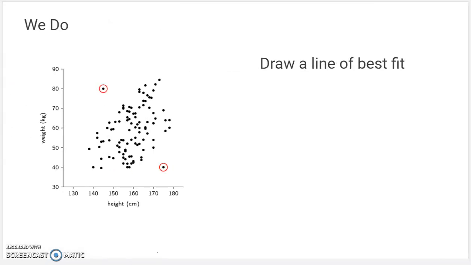So this one even kind of shows you the outliers. If you are asked to draw a line of best fit here, and let me do a little magic work here and just make these into regular points. I think if you saw this graph with these extra two points there, that little change alone makes it look like, I don't remember exactly, it was somewhere around there and somewhere in here.